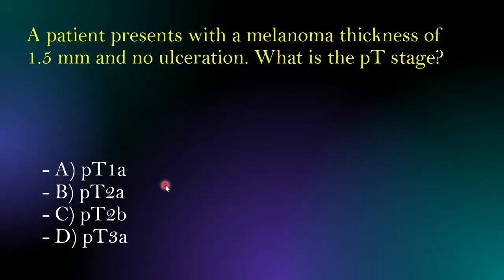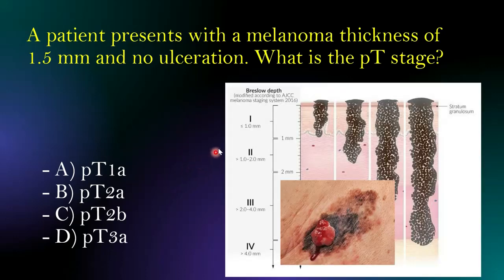Now, coming to questions. A patient presents with melanoma, thickness of 1.5 millimeter, no ulceration. What is the pathological T stage? Melanoma is basically pathological staging, so PT stage. It is Breslow depth, 1.5 millimeter, so it is 1 to 2 mm.